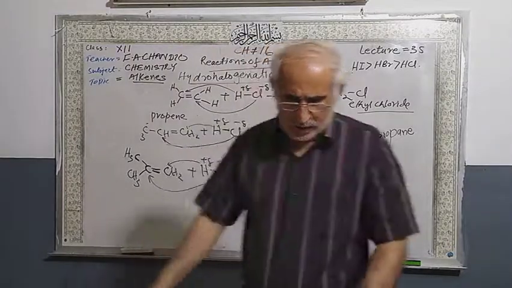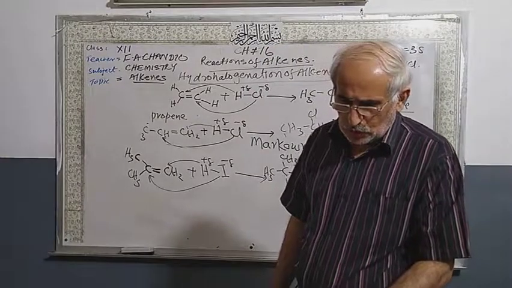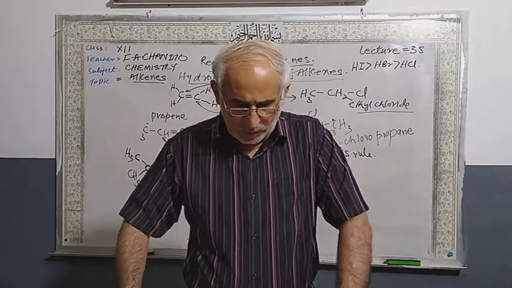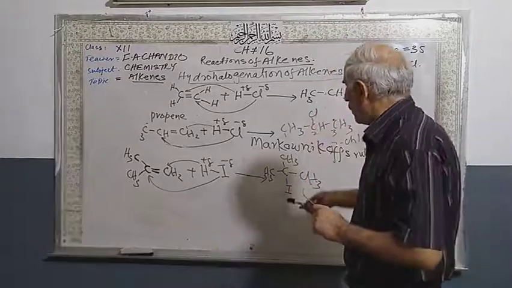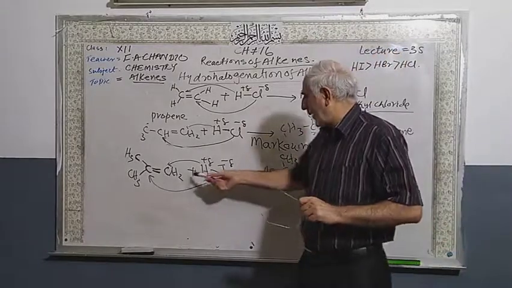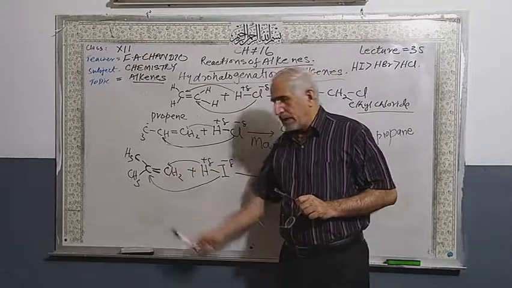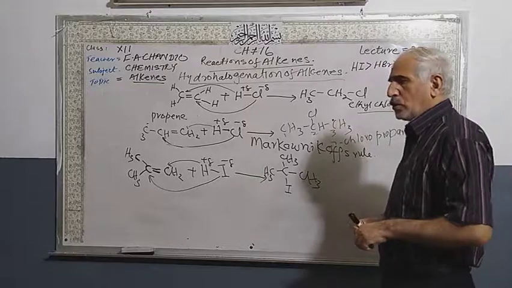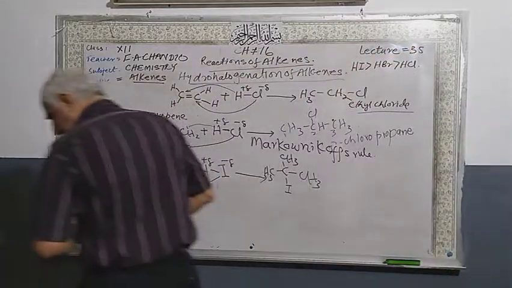So according to the Markovnikov rule, 2-iodo-2-methylpropane is the actual product. If you attach iodine at the first carbon, and hydrogen here, then this is not according to the Markovnikov rule and will be called not the actual product.